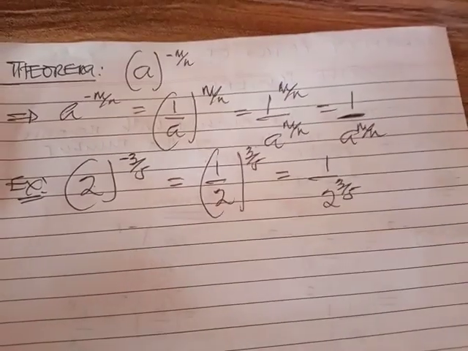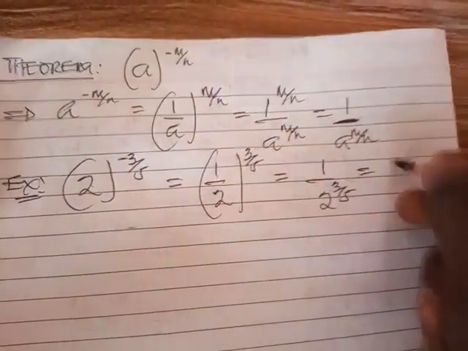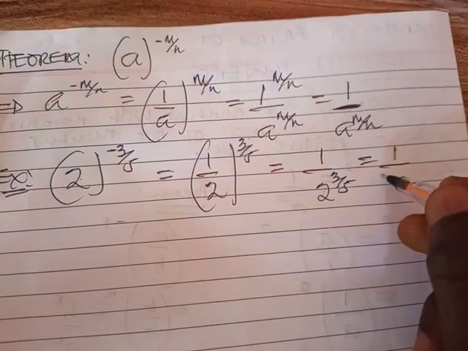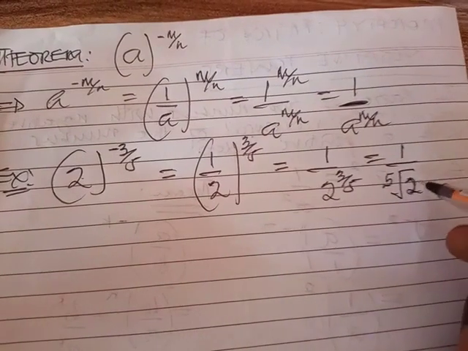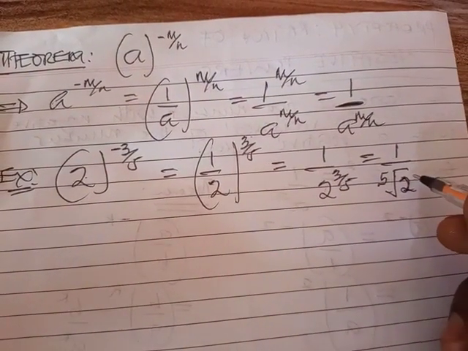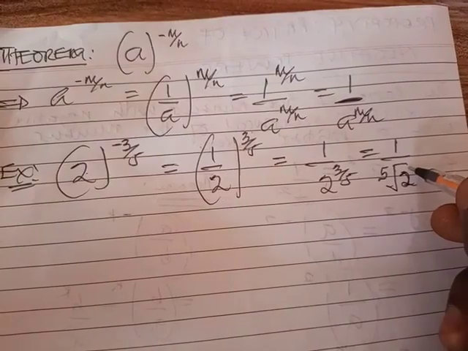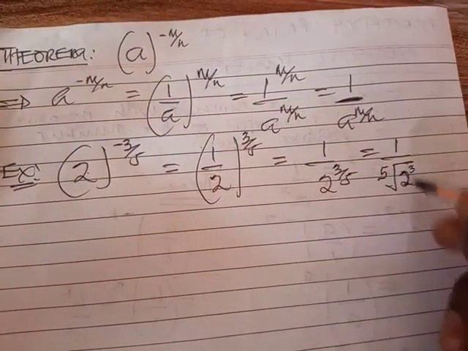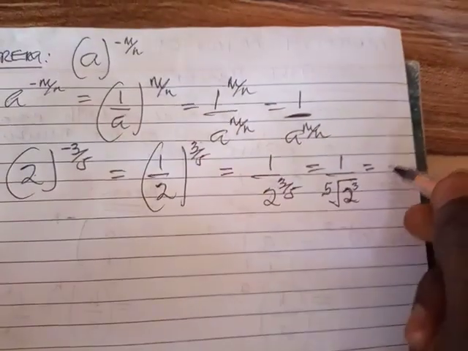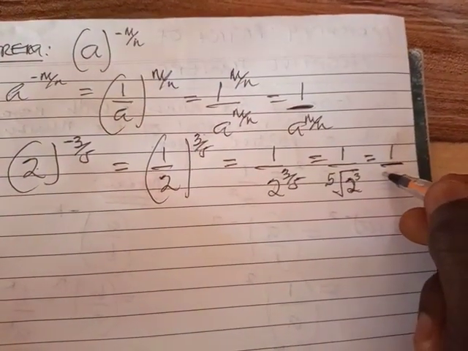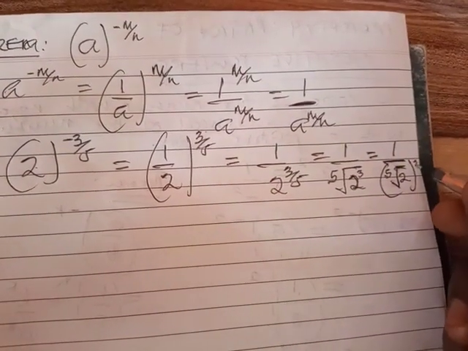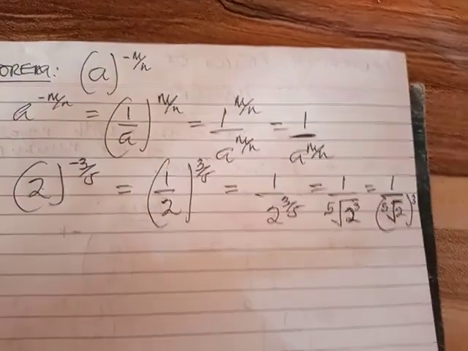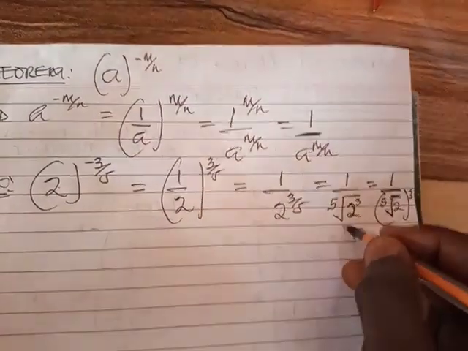Also the same as, can I treat this as 1 over the fifth root of 2, or you can keep 3 here and do it like this, or you can say that 1 over the fifth root of 2 in brackets, exponent 3. You can also do it like this. So this is acceptable, this one too is acceptable.